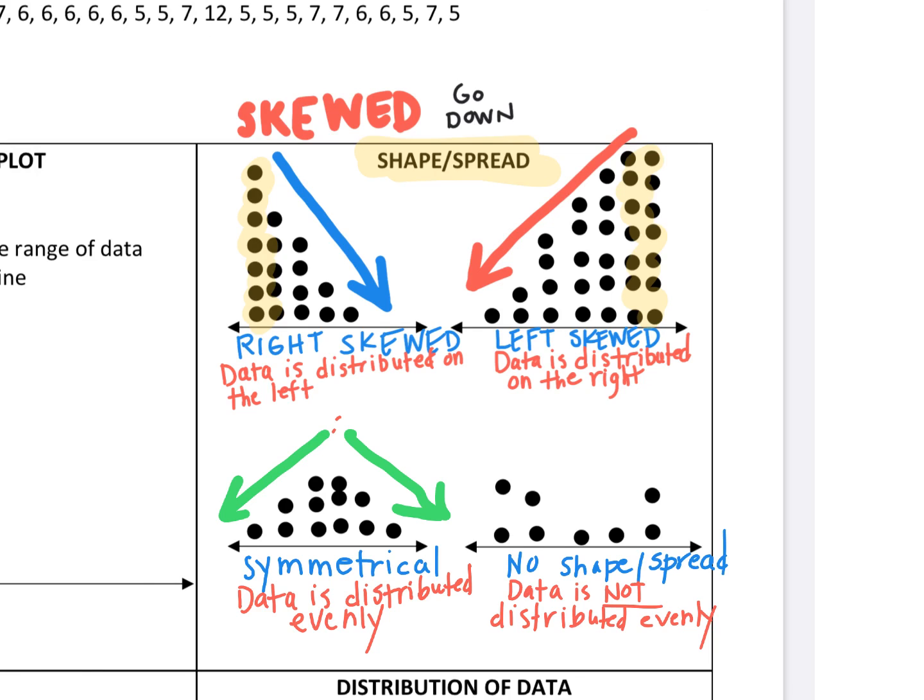I could literally draw a line going down the middle, and both the left and the right hand side would pretty much look the same. And the last one is when the data isn't really distributed anywhere. It's just kind of all over the place. Okay, there's really no shape to it. Now you're going to go to the next page so that you can do some practice identifying these different graphs.